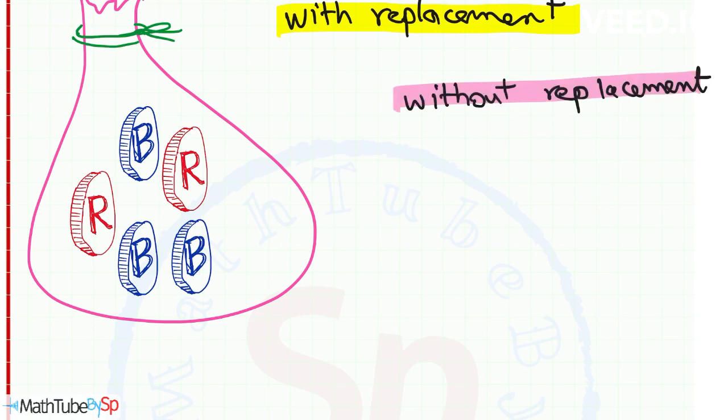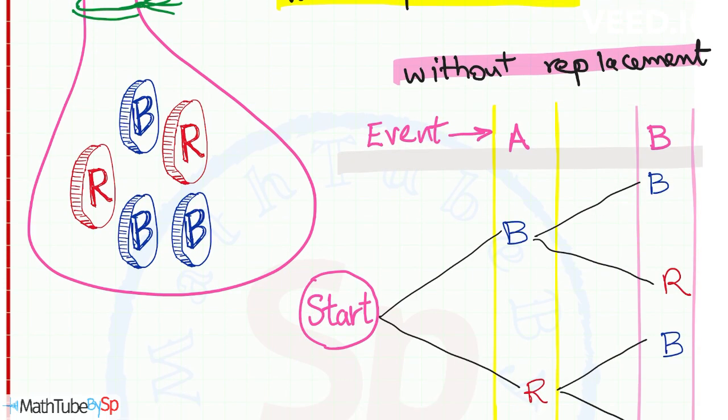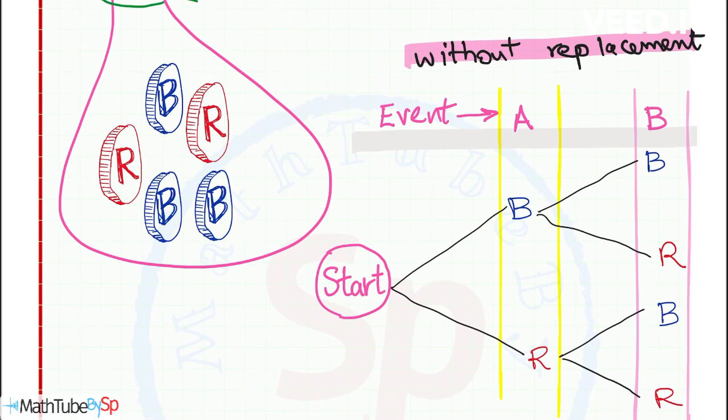Now what happens in the dependent event is that the drawing of the first coin will affect the second event, right? So let's look at this scenario where we have 2 events, drawing 1 coin after the other, and we call them event A and event B. Event A is drawing the first coin and event B is drawing the second coin.